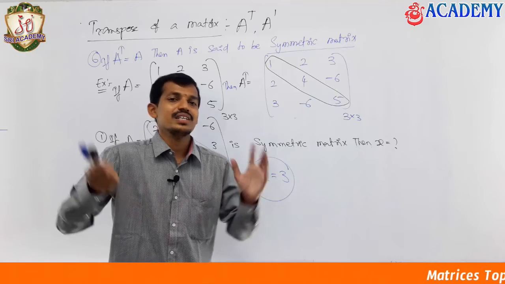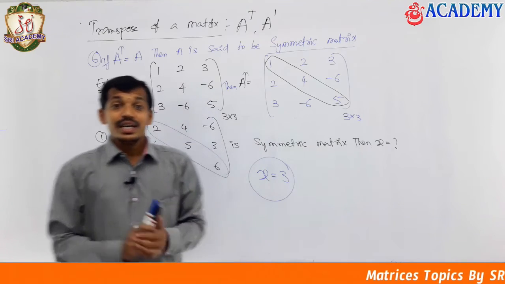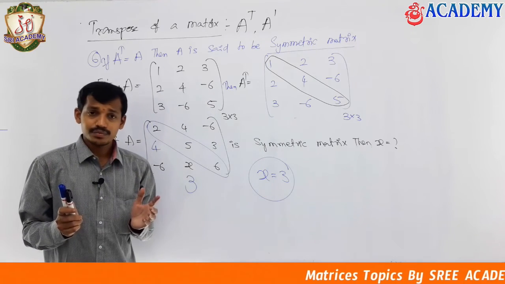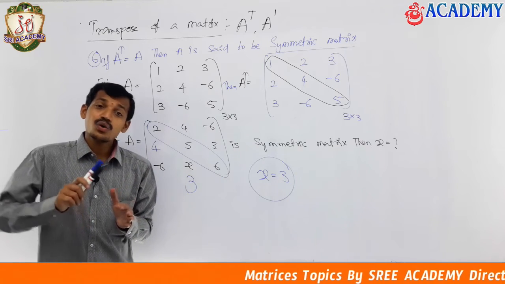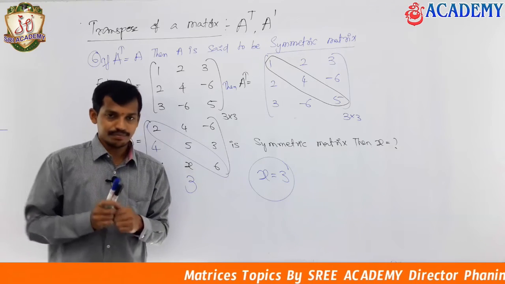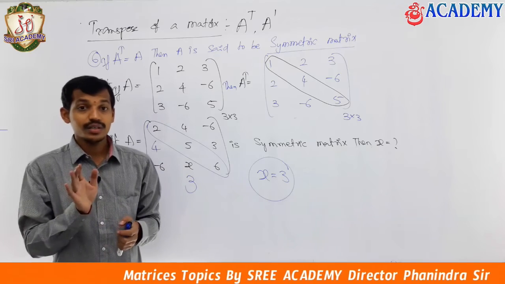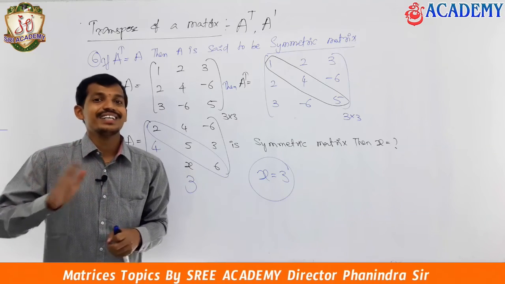Sometimes you may be asked like this also in words. In a symmetric matrix, by interchanging the row number and column number of an element, I am not interchanging the rows and columns of a matrix.